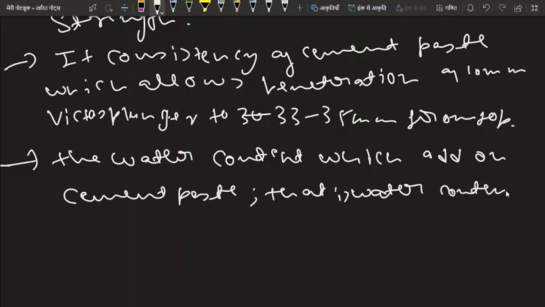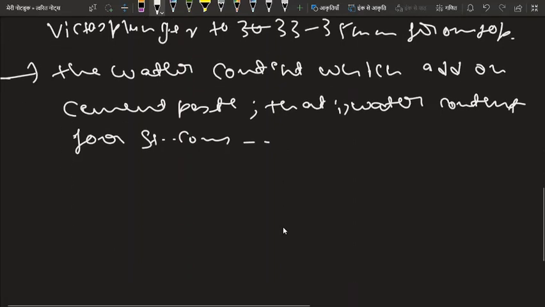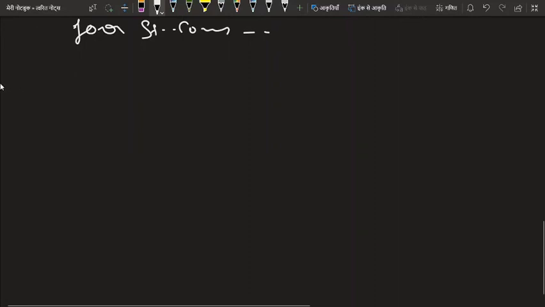Standard consistency is performed in the Vicat apparatus. So now we discuss the Vicat apparatus. What is the Vicat apparatus?